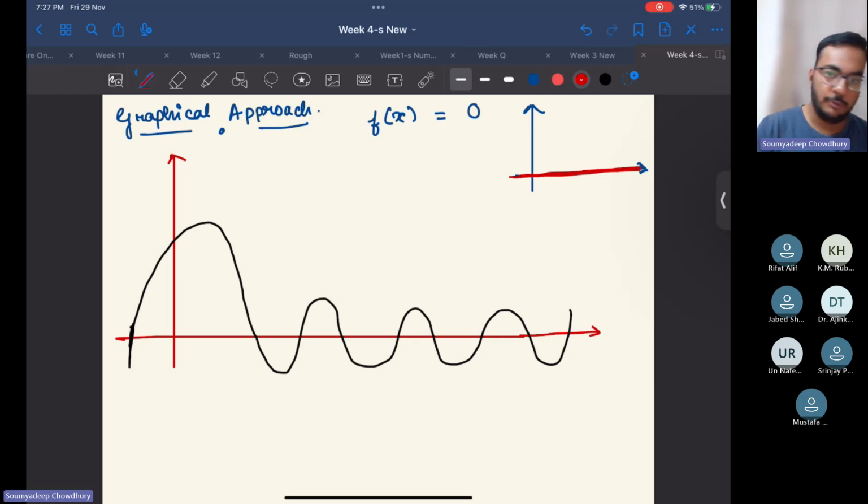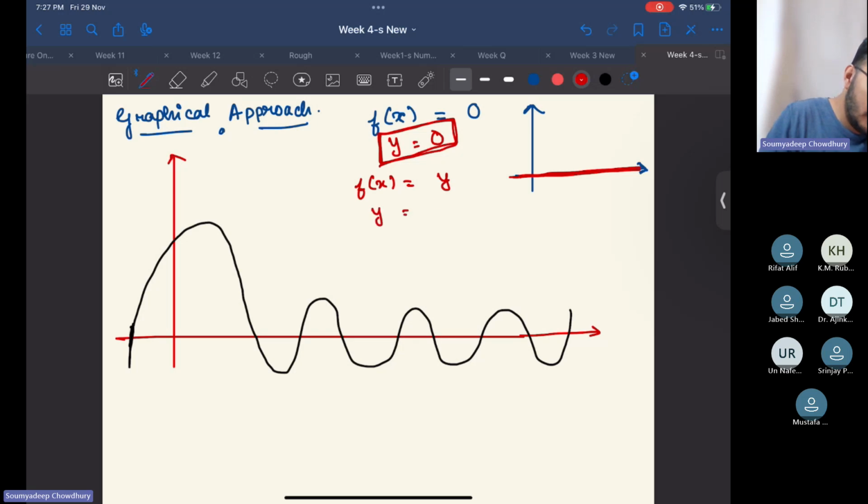Sorry, I told the question in a wrong way. Basically we have to plot the y equals 0 line, not x equals 0, because here the equation is f of x equals 0. When we solve this, we can write it as f of x equals y and y equals 0. These are two equations.